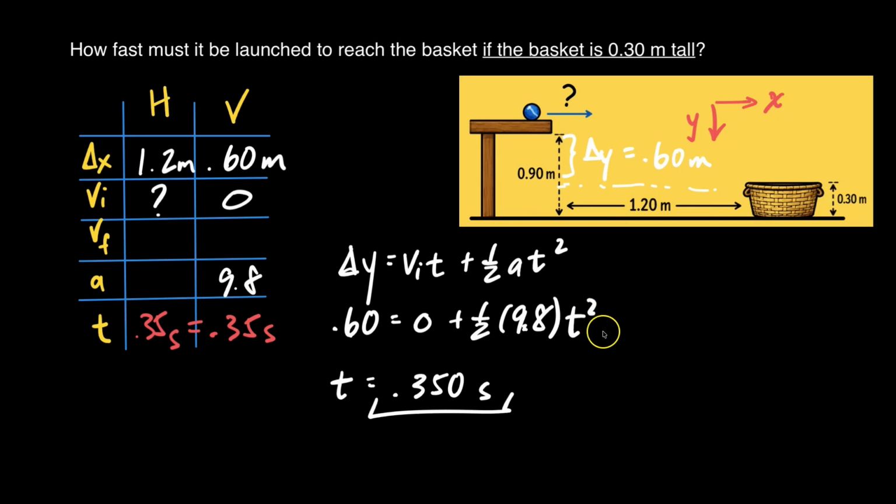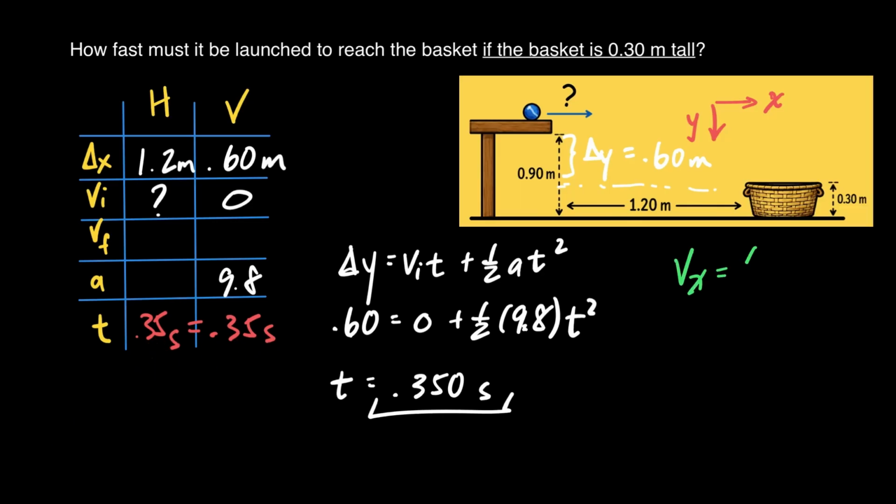Be careful with this squared. So when you're solving for t, make sure you square root both sides, and we get t is equal to 0.350 seconds. When you're solving problems, in the middle of the problem, I like to add an extra sig fig here, before we round it to the correct sig figs at the end. So our time here is 0.35 seconds for the vertical and also for the horizontal.